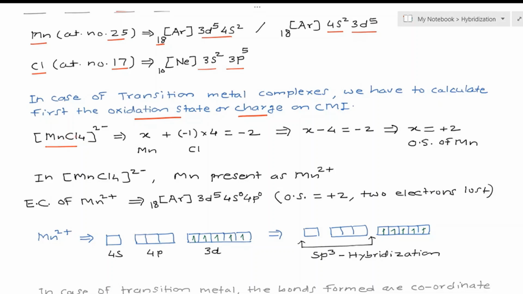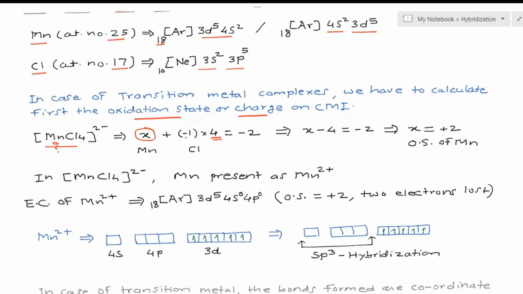The complex here is MnCl4 2-. You have to calculate the oxidation state of Mn. So let's consider its oxidation state to be x, plus there are 4 chlorides. So 4 multiplied by the charge on the chloride, which is -1.